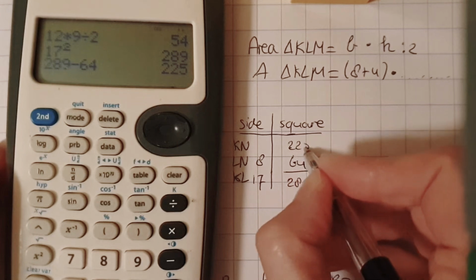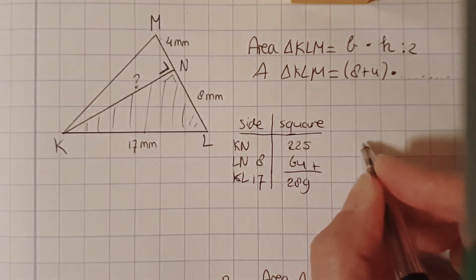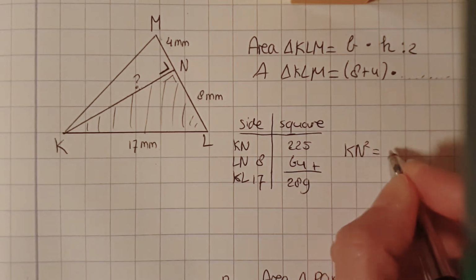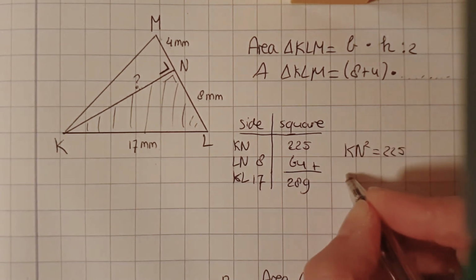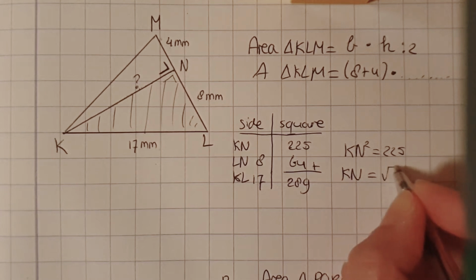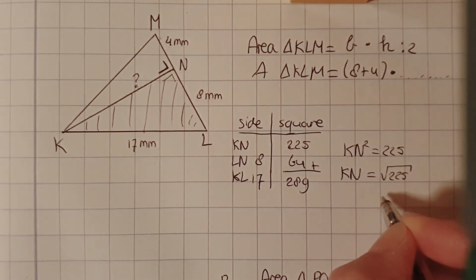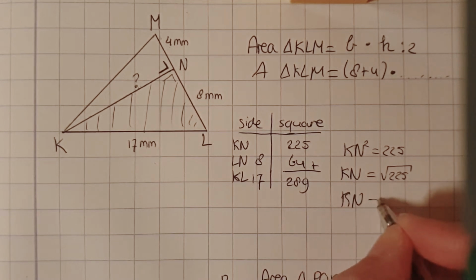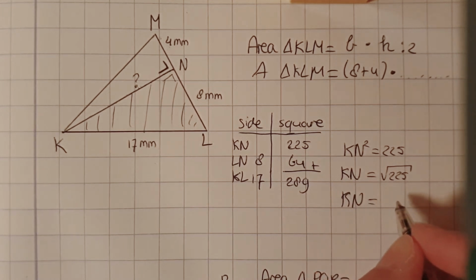It's 225. So I'm going to write down here what I need to do. KN squared is 225. So KN is the square root of 225. Oh, I know that one. You know your list, right? What is it? 15.